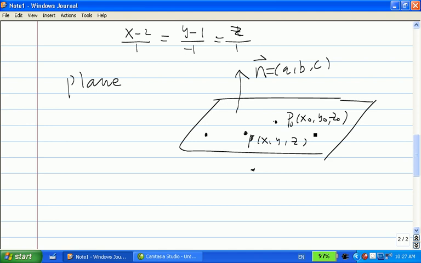We're looking for the equation that any point on the plane satisfies. Now, P is any point on the plane, so we can make a vector from P0 to P, using the endpoint minus the starting point like before.